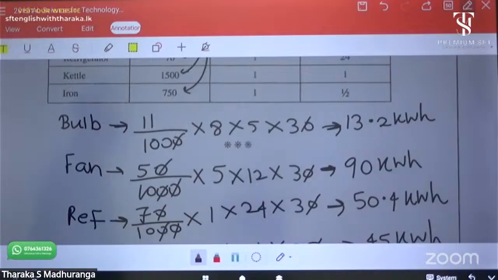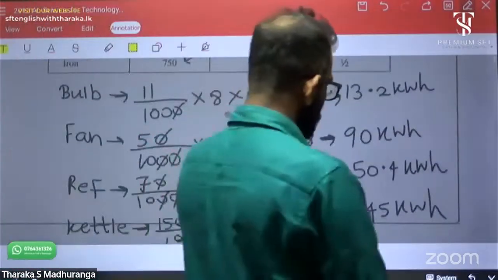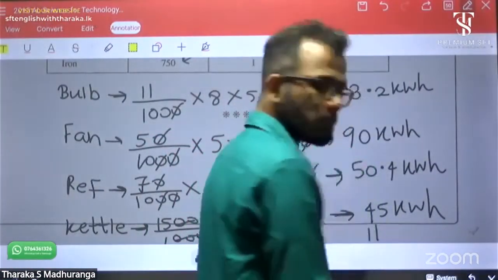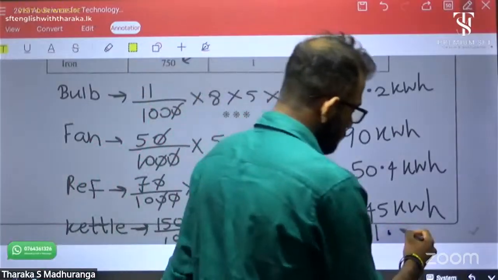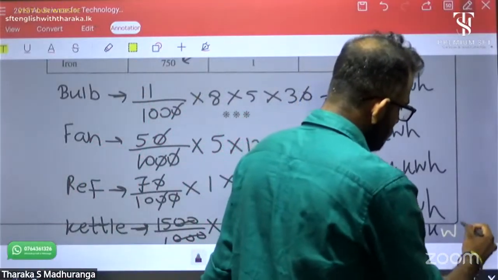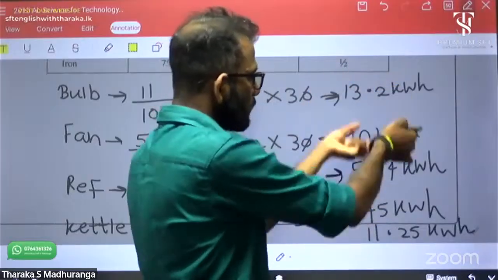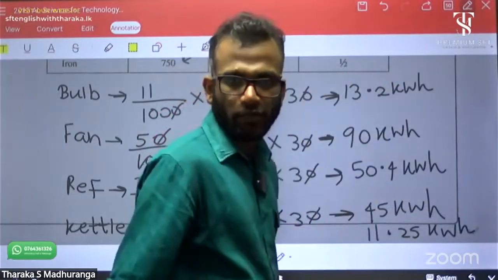What is the value for the iron? 11.25 kilowatt hours.